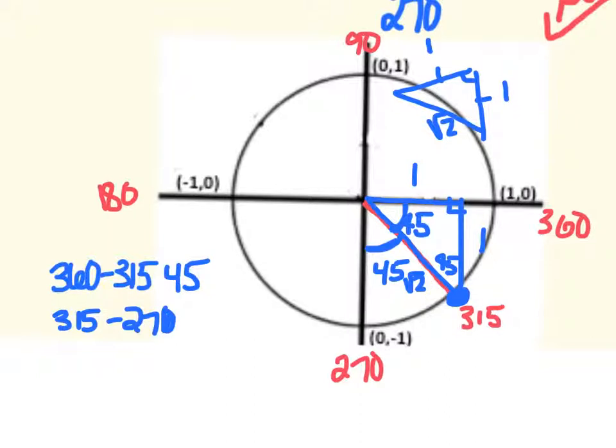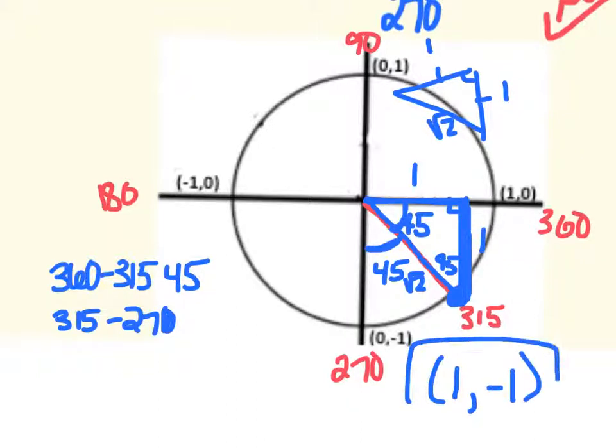But if I'm calling them coordinates, I'm going to the right 1 to get down here, so that's going to be a positive 1. And then if I'm going down to get this other point, that's going to be a negative 1. So while the lengths of the triangles are positive, the locations of the points also could be negative.